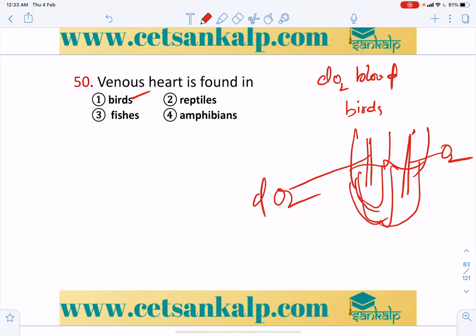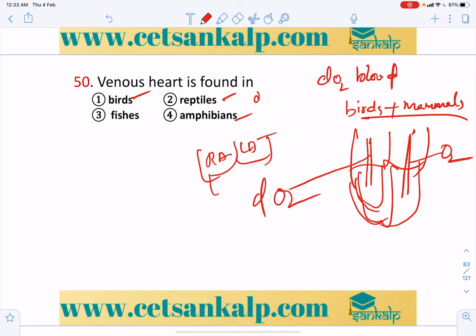Birds and mammals have complete double circulation where the blood does not get mixed, and it is kept separately in separate chambers. In reptiles it gets mixed, though the right auricle receives deoxygenated and the left auricle receives oxygenated blood.